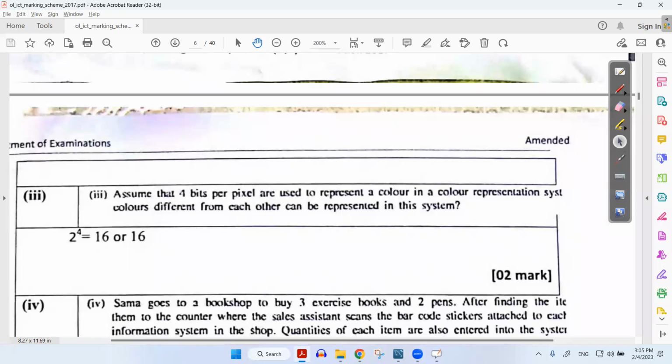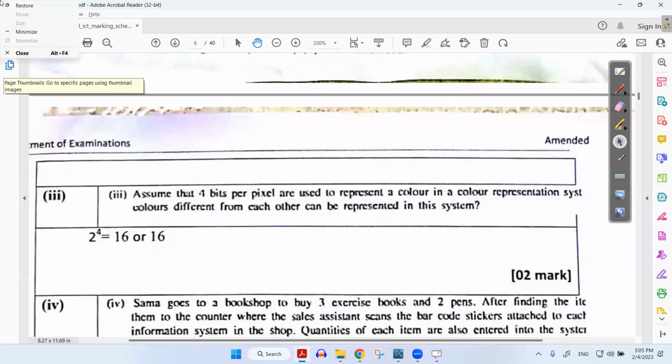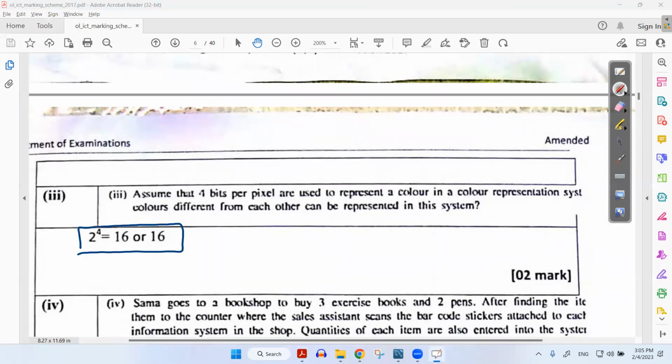So if you are going to use 4 bits in a pixel, the number of colors can be calculated by taking the number of bits as a power of 2. So it comes as 16, as it shows over here. So 16 is the answer. Either you can write it like this, or you can just write the answer 16. Any of the methods is going to give you the marks.